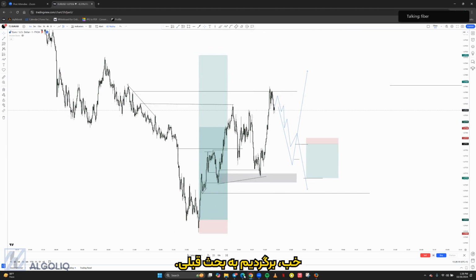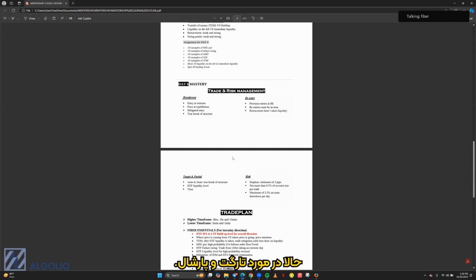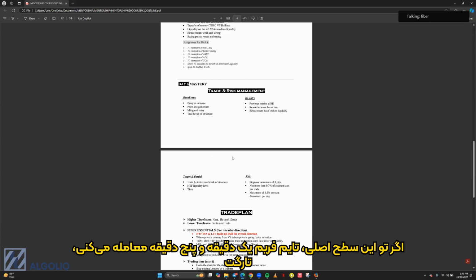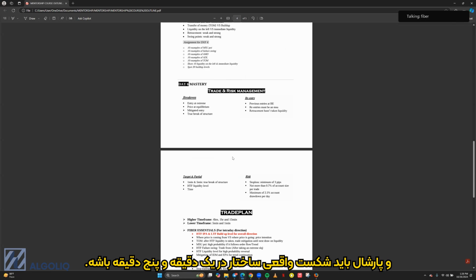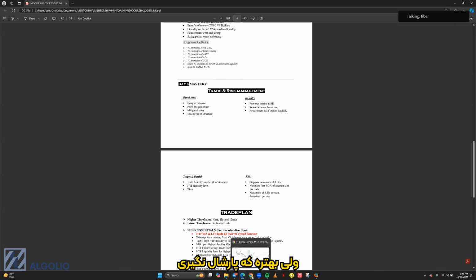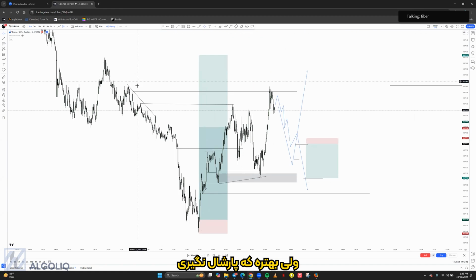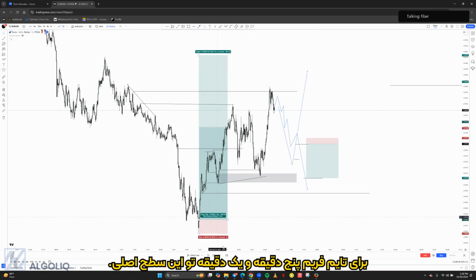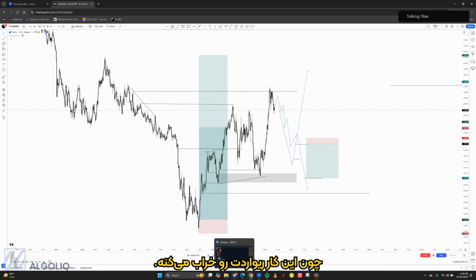So back to what we're talking about now, for target and partial. If you're taking a 1 minute and 5 minutes inducement level, your target and partial should be the true break of structure on the 1 minute and 5 minutes. But ideally, I would advise you don't take partial for 5 minutes and 1 minute inducement level. It's going to mess up your reward.